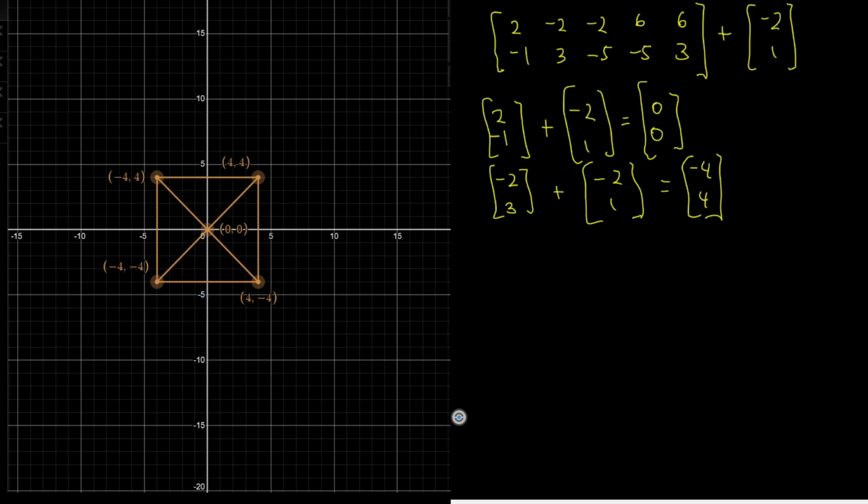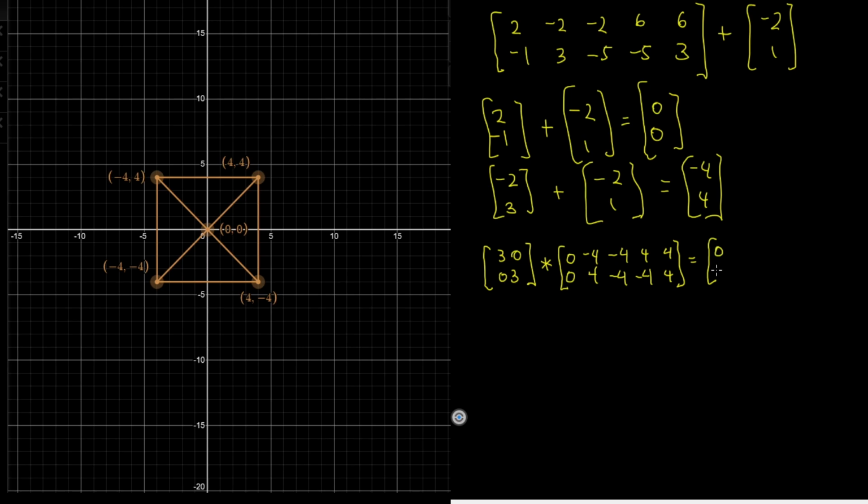So now the next thing we're going to do, and on this one, you can multiply all the points. So we have 3, 0, 0, 3, that is our dilation matrix, times 0, 0, -4, 4, -4, -4, 4, -4, and 4, 4. Now, first sample calculation, 3 times 0 plus 0 times 0, 0 times 0 plus 3 times 0.